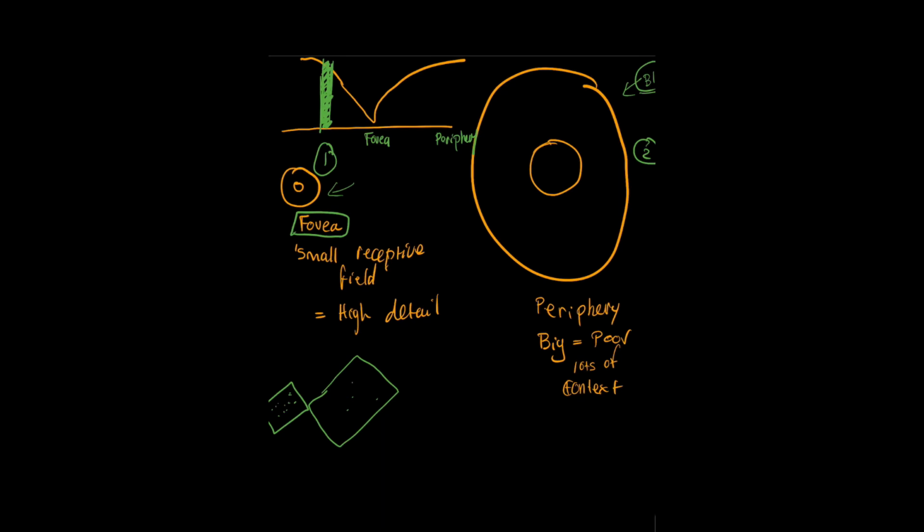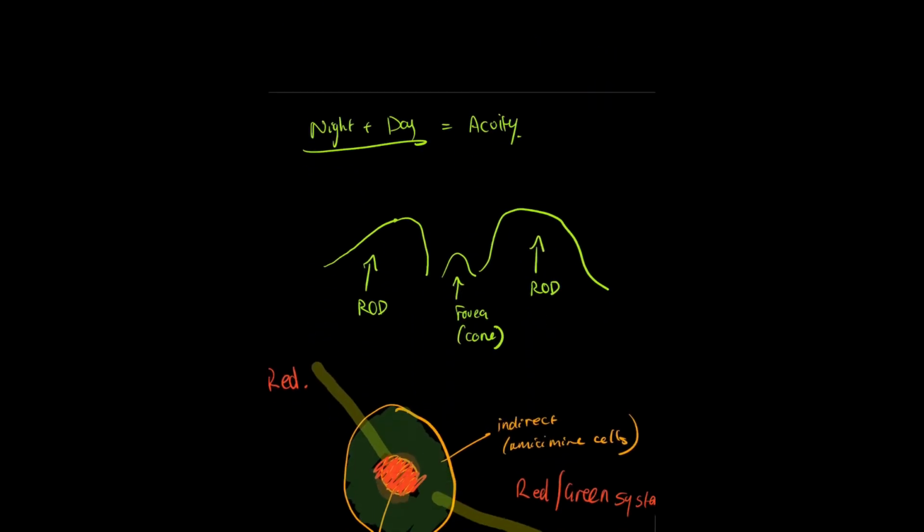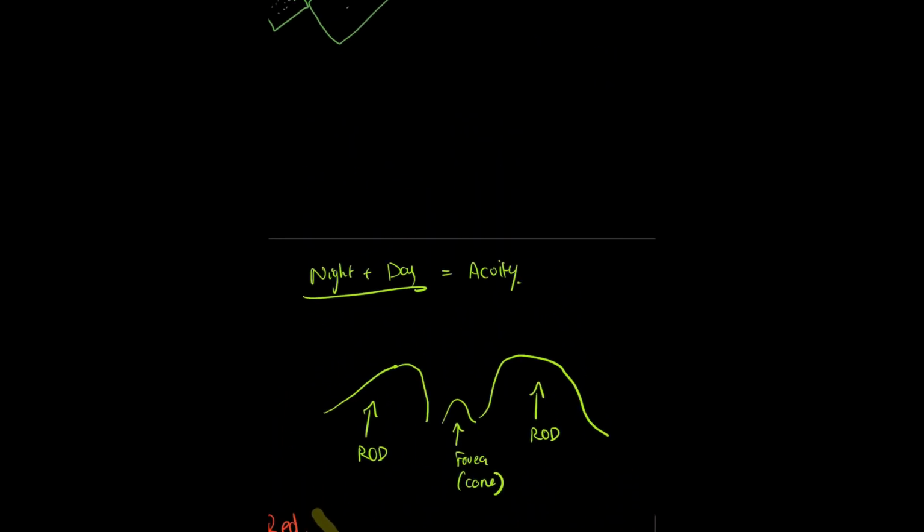But what we find is the smallest receptive fields exist in the fovea, in the cones. And the biggest exist further out in the periphery. The size is bigger the further you go out. And of course, we have a blind spot where there's nothing. So that's really important to understand. However, that visual acuity is completely different during the day because, as we talked about previously, cones aren't able to show us anything at night time because their adaptation rates are too fast for cGMP.